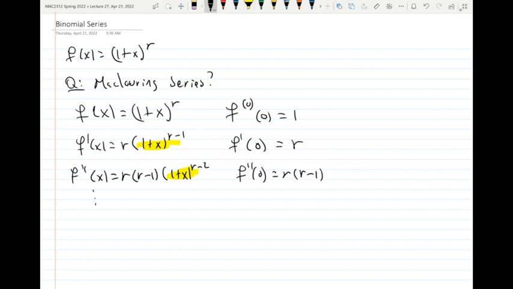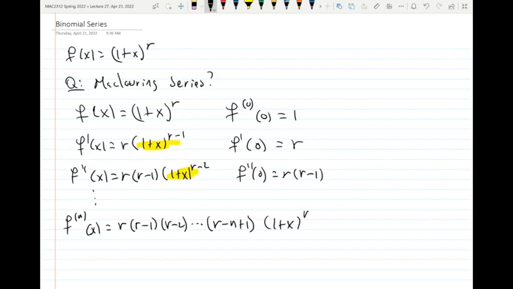So if you keep on going this way, you should see that the nth derivative of the function is what? It is r, r minus 1, r minus 2. That will be the next one, right? All the way up to r minus, now it will be r minus n, but we need to do plus 1. So you stop here. This is minus 1, that you get by looking at this power and doing plus 1. Okay?